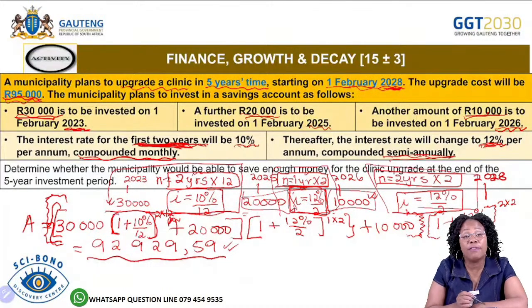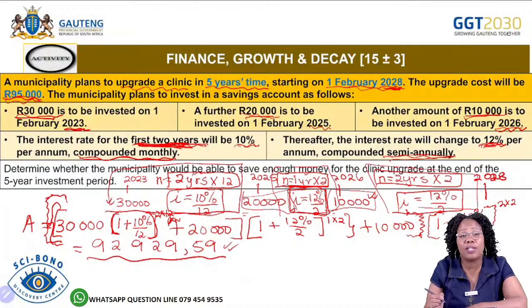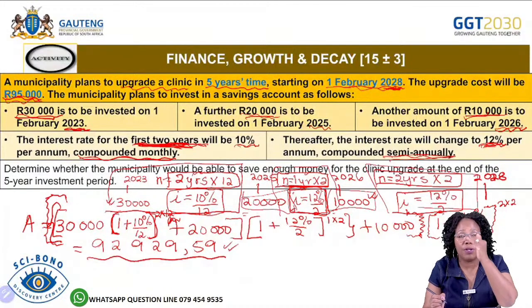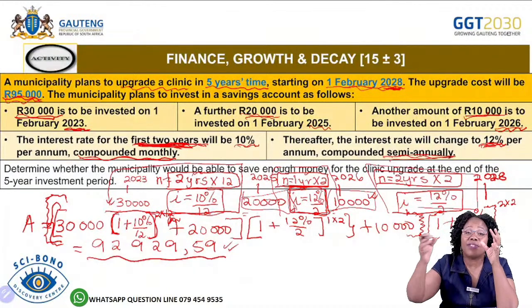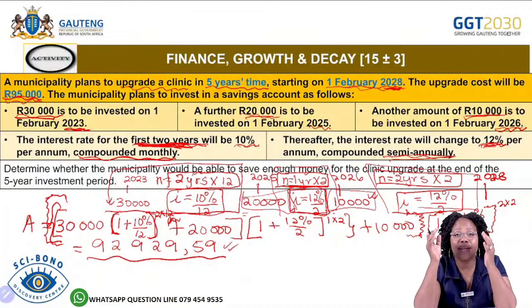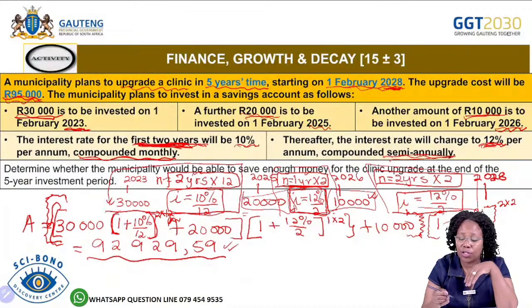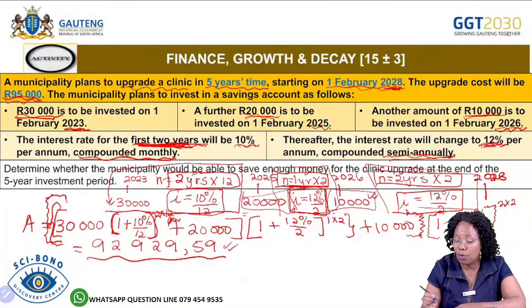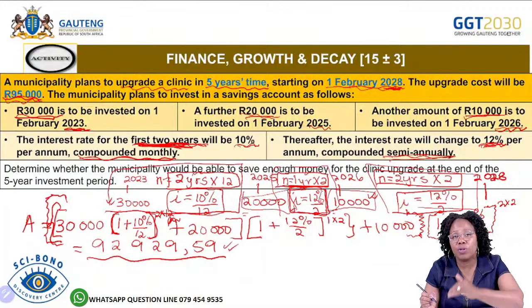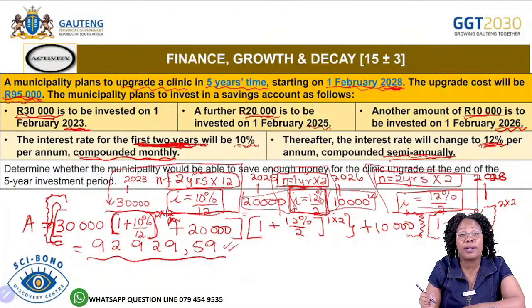It will still give you the same answer as ours, but we must be careful not to round off in between your calculation. If you have 5 digits, you have to keep them like that until the final answer. It's only there where you can round off.